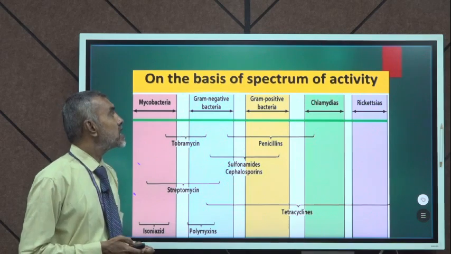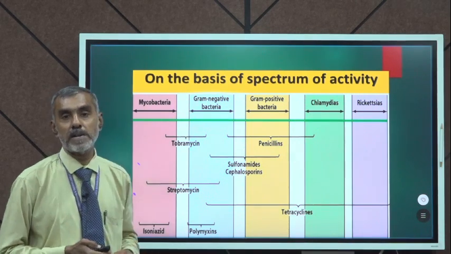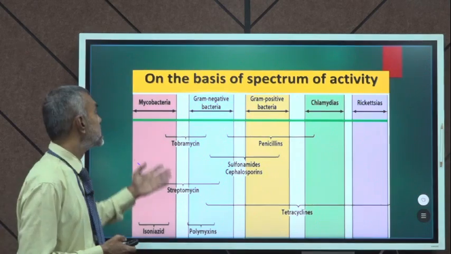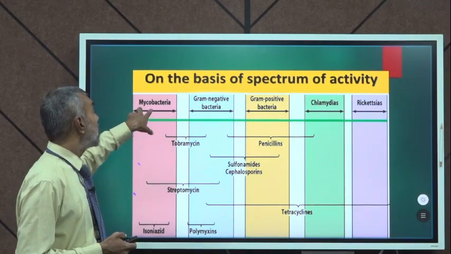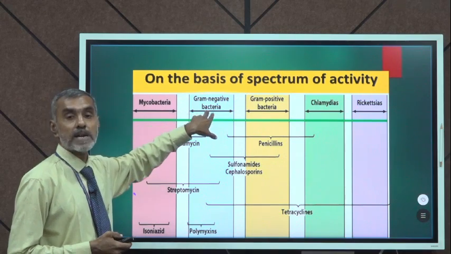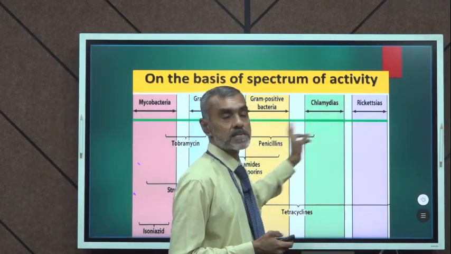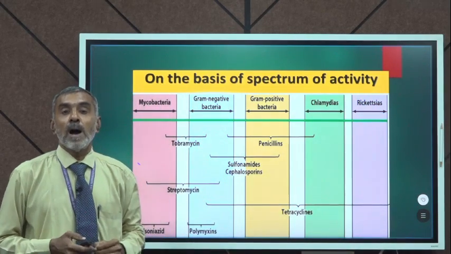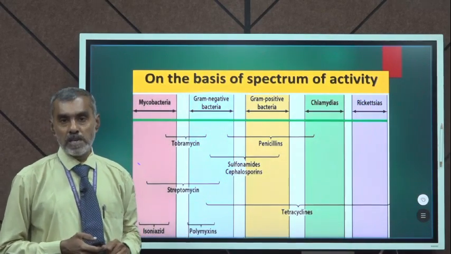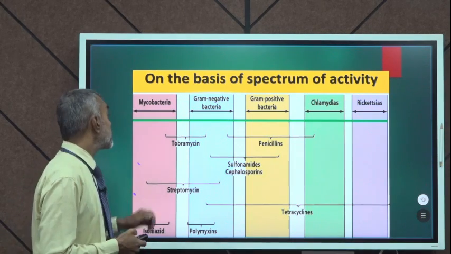And on the basis of the spectrum of activity of the antibiotics over the microorganism, here we have given some examples: mycobacteria, gram negative bacteria, gram positive bacteria, chlamydia and rickettsia. These are the four major groups of organisms which can cause life threats to human beings in the clinical and medical field.